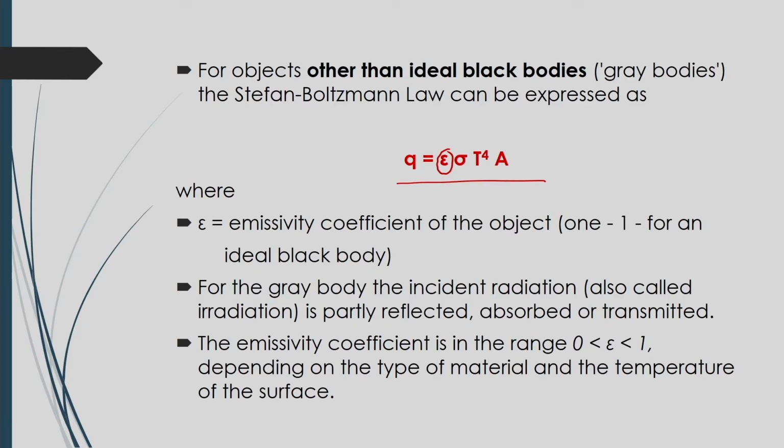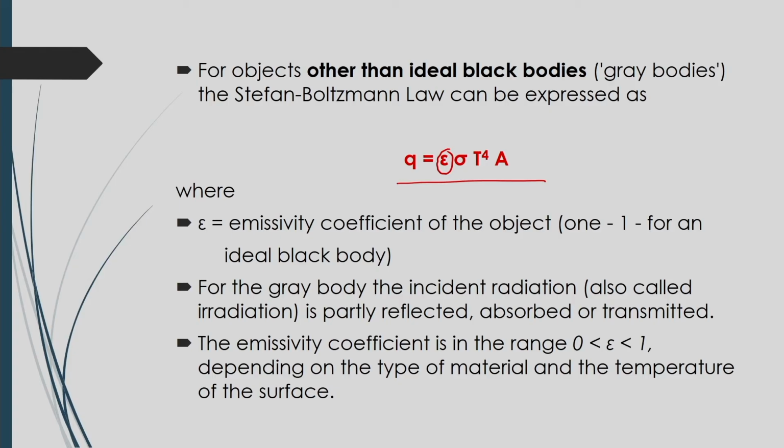This epsilon is a coefficient, called the adjustment coefficient or the emissivity coefficient of the object, where the object from which the heat is transferred is not an ideal black body. So, for objects other than ideal black bodies, the total heat transfer rate by radiation will be some fraction of the heat radiation rate of the black body.